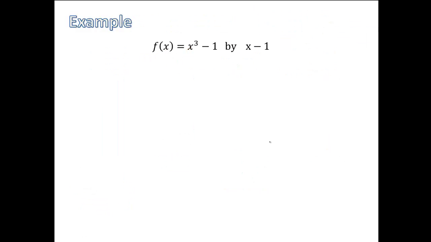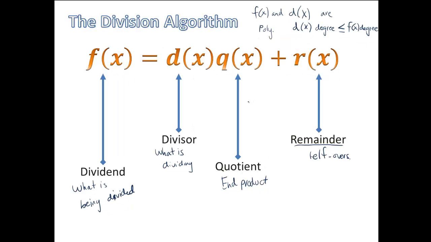Alright, so it could also be written as something else, but what that looks like is f of x over d of x equals, because we're dividing it, equals our quotient plus our remainder over d of x. And if you notice, this is very similar.